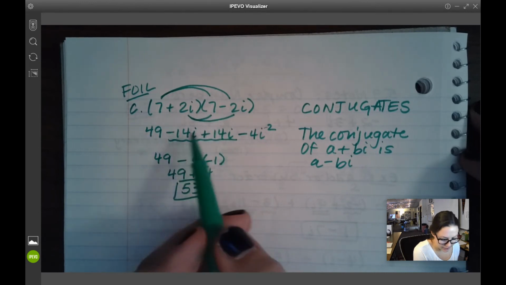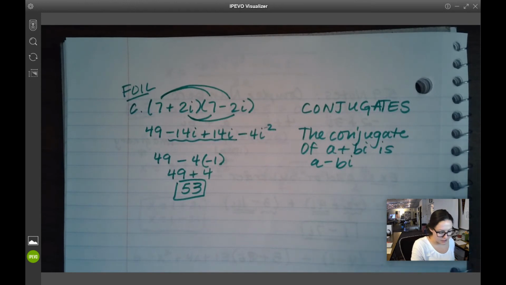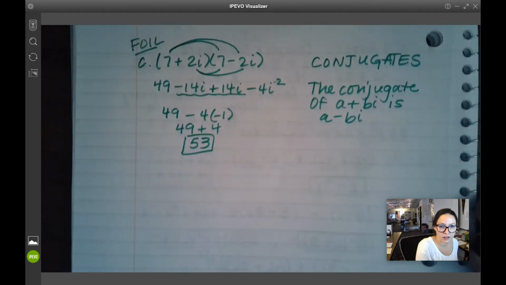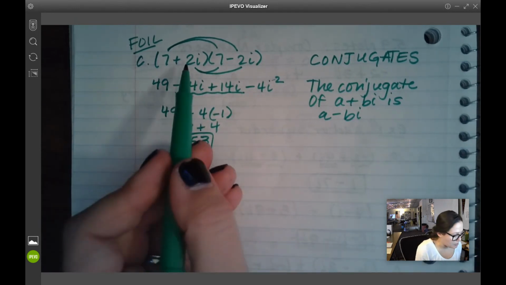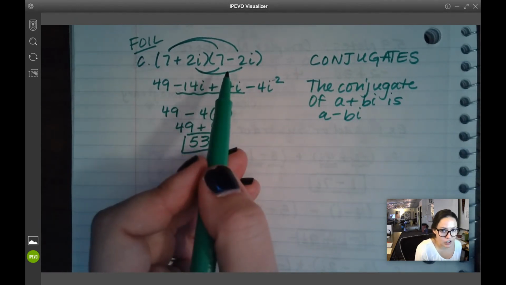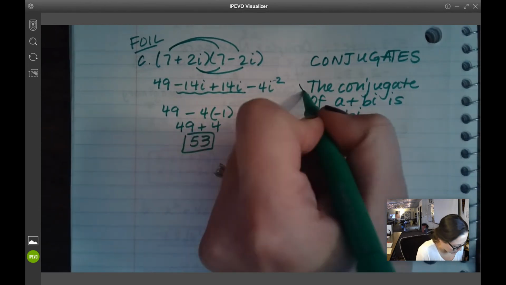So those are conjugates of one another. And this is going to come up because it's going to help us with the division. And whenever you multiply conjugates together, things tend to simplify.